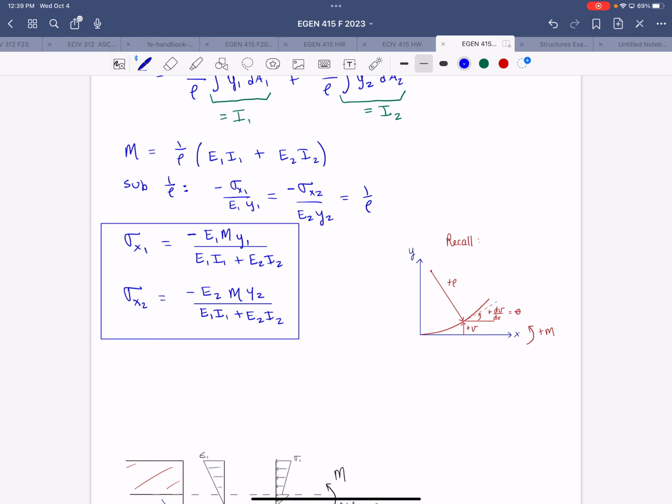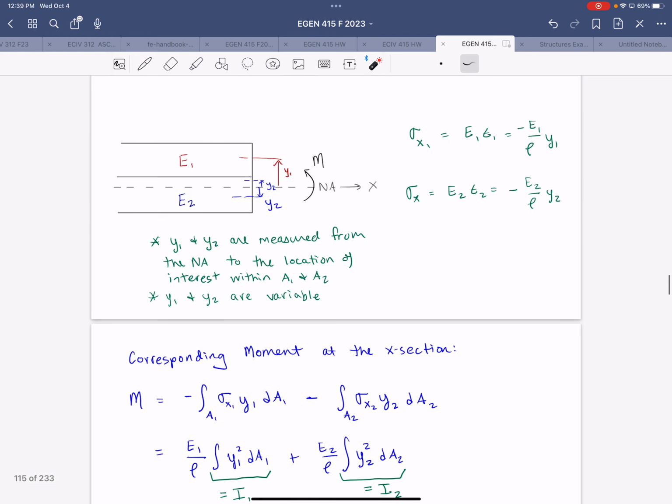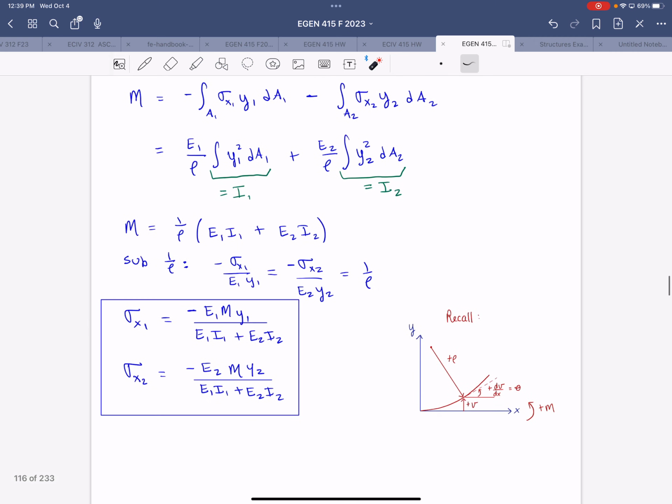The inertia will deal with the densities of these two? No, it's not the mass moment of inertia, it's just the geometric, the area moment of inertia, cross-sectional area. And that y is still measured from the bottom of our beam? Y1 and Y2? No, these are now measured from the neutral axis.